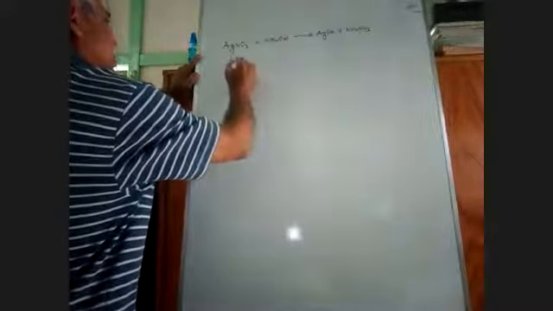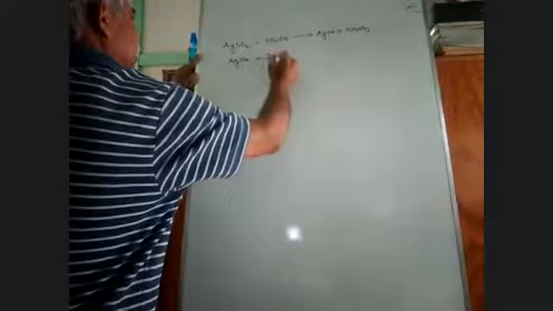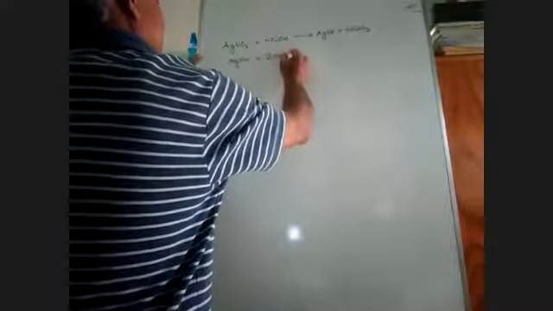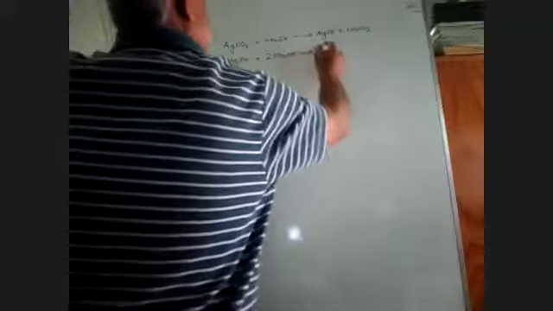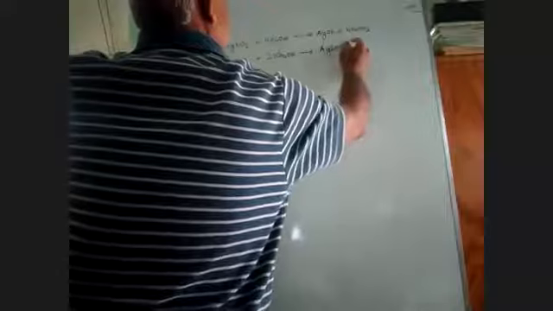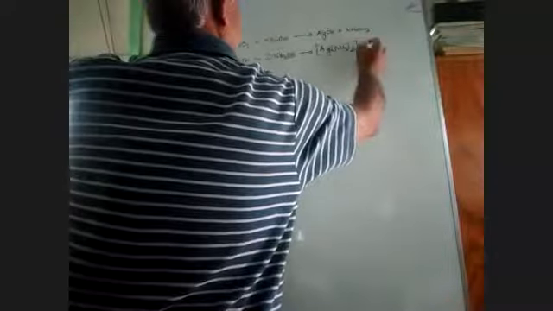So immediately silver hydroxide will form a complex with ammonia. Okay, I'll write here now NH4OH. So what it will form? It will form this.